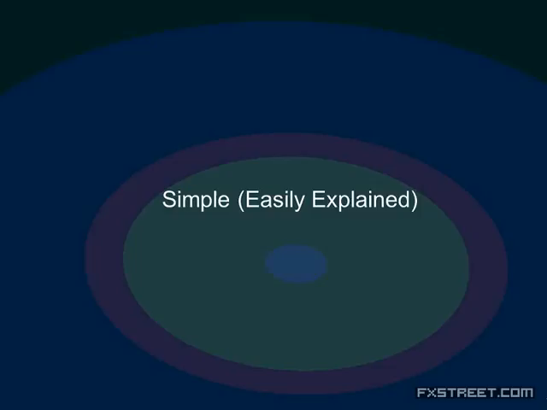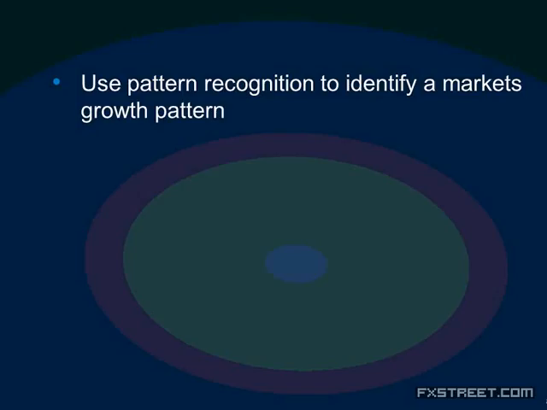So getting back to the method, I want to stay on point. The method has to be easily explained. For example, if I had to summarize the method that we teach at IBUniversity in 3 points, they would be: use pattern recognition to identify a market's growth pattern. When I say growth pattern, I mean, is that market growing or contracting?